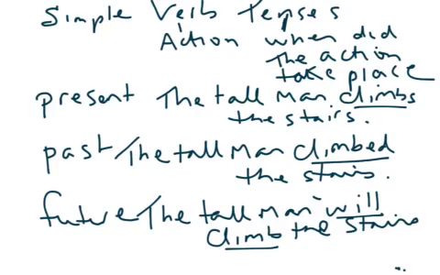So we can see present, it's happening. In the past, he already climbed. So we look at the stairs. The tall man is over here. In the future, it's yet to climb the stairs.